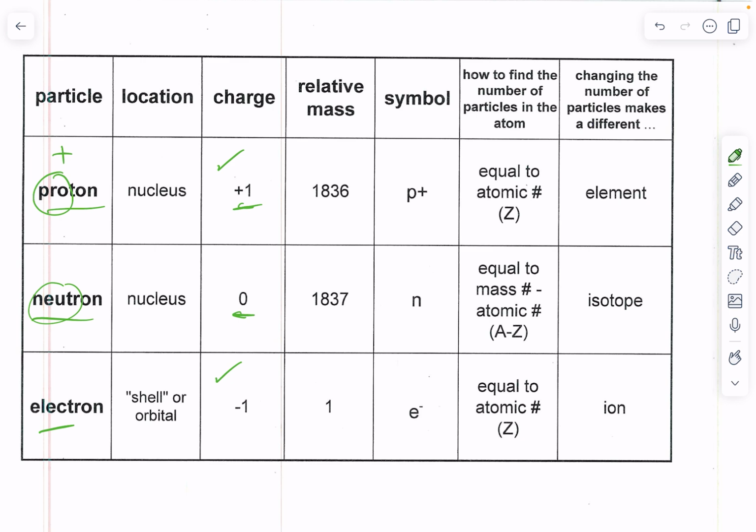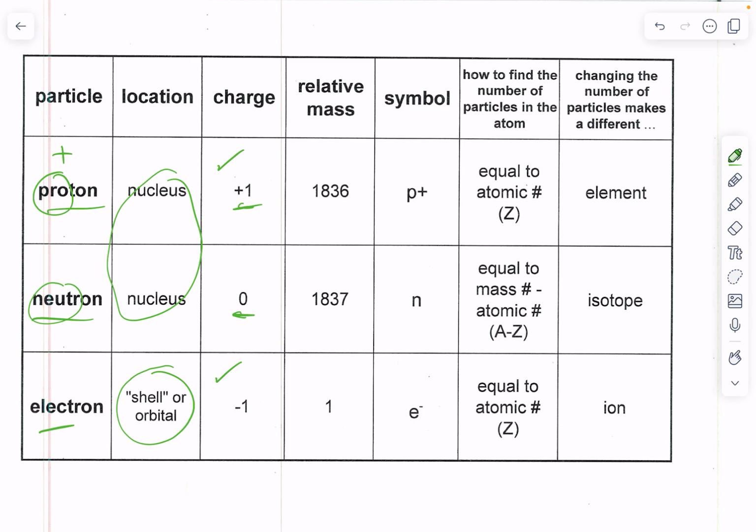Also notice that the protons and neutrons occupy the nucleus, whereas the electrons do not occupy the nucleus, but the electrons are in orbitals or shells. Back in 8th grade, maybe you had concentric circles, but they are in prescribed locations outside of the nucleus.